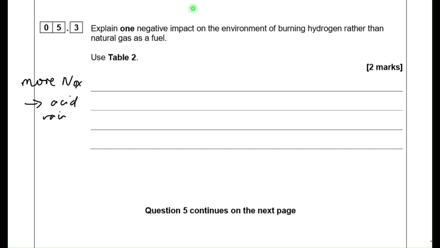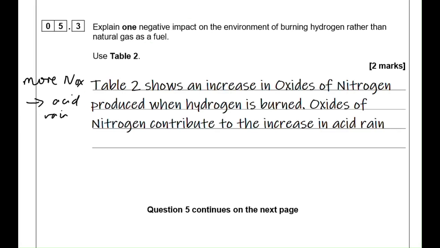So, in order to get 2 marks for this question, you must write in the space provided: Table 2 shows an increase in oxides of nitrogen produced when hydrogen is burned. Oxides of nitrogen contribute to the increase in acid rain. So it's 1 mark for showing an increase in the oxides of nitrogen when hydrogen burns, and 1 mark for mentioning acid rain.